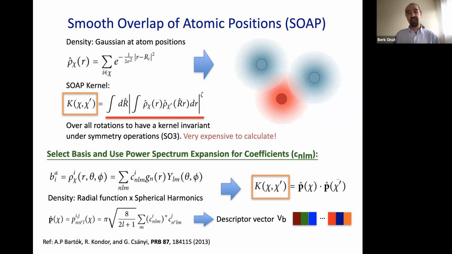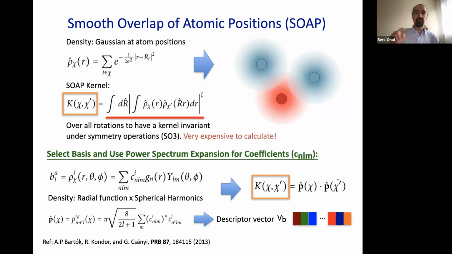However, this integral is very expensive because, as you can imagine, you need to do all these rotations to make the kernel invariant under the symmetry operations. So instead, elegantly, Albert Bartok and colleagues' work in the reference below found a solution to this very expensive problem. They used a basis for the density.